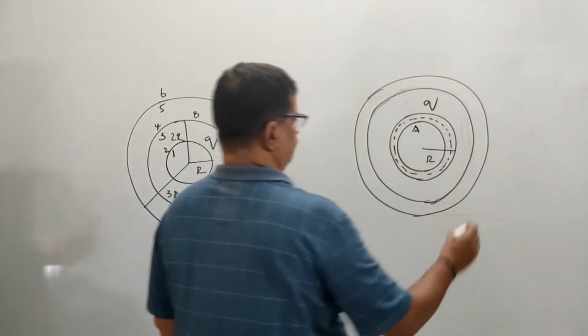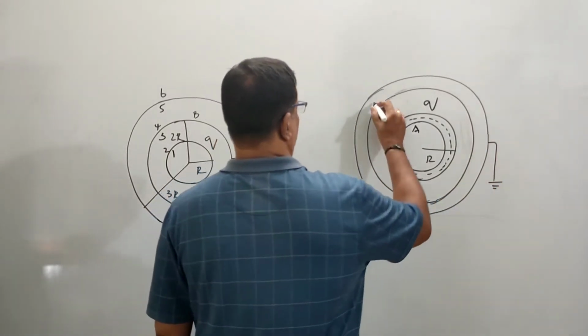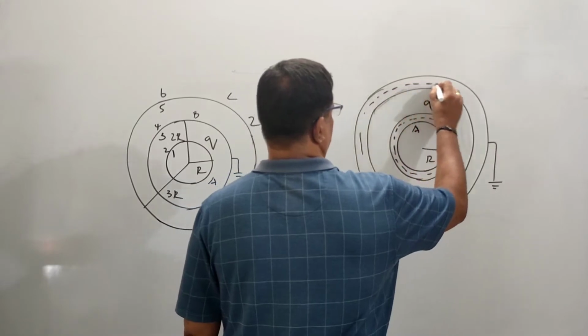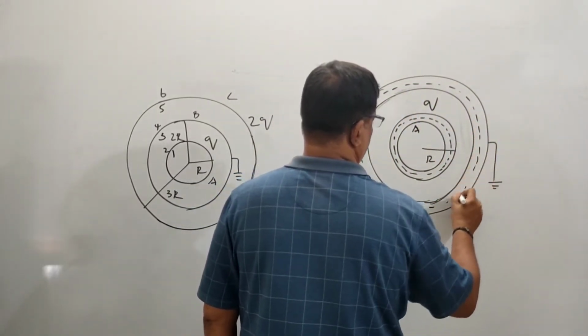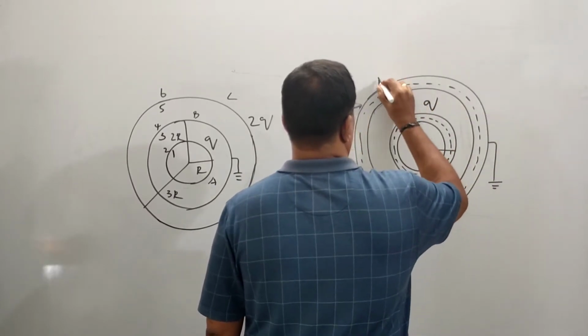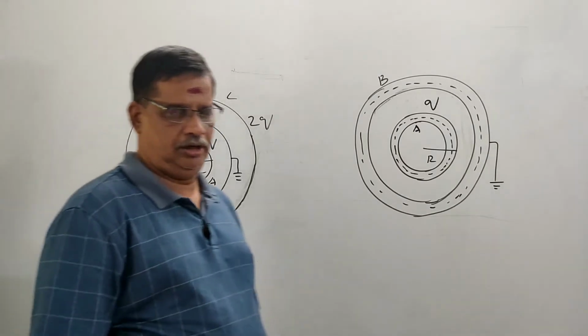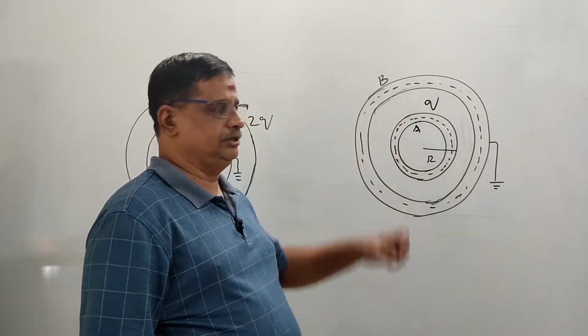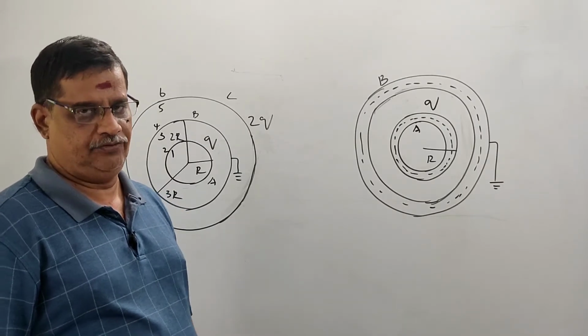This shell is clearly an earthed one according to the problem. So we will draw another Gaussian surface through the material of B. And again, as we have discussed earlier, the net charge enclosed by this Gaussian surface should also be zero, because there should not be any electric field.